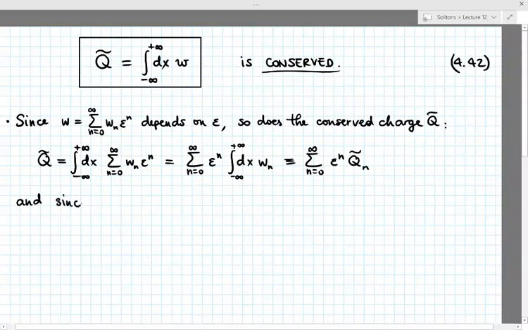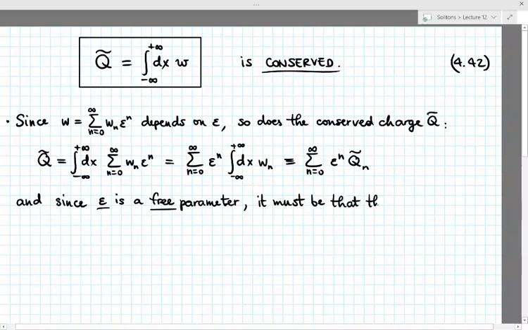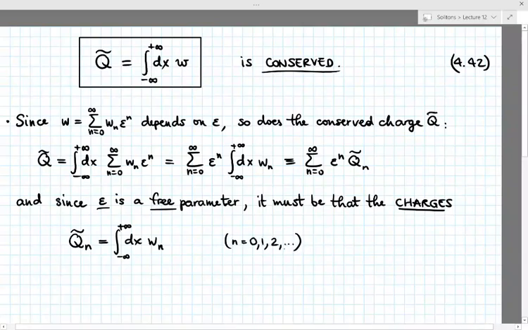And now, since epsilon is a free parameter, and Qtilde is conserved regardless of the value of epsilon, it must be the case that the charges Qtilde n, defined as the coefficient of this formal power series, so the integral over space of Wn, the nth coefficient of the formal power series expansion of W, are all separately conserved.